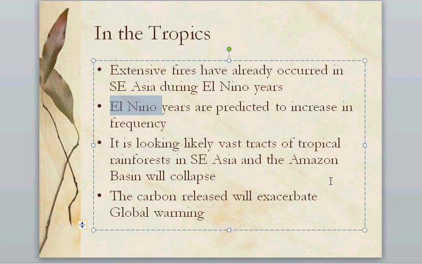More carbon released into the atmosphere will exacerbate global warming and then increase the amount of dry seasons and therefore increase the chance of burning. So there has been predicted a reinforcing effect in the collapse of these tropical rainforests. More carbon, less rain, or more seasonal rain, and therefore more fires. We're just hoping that this prediction will not come to pass.